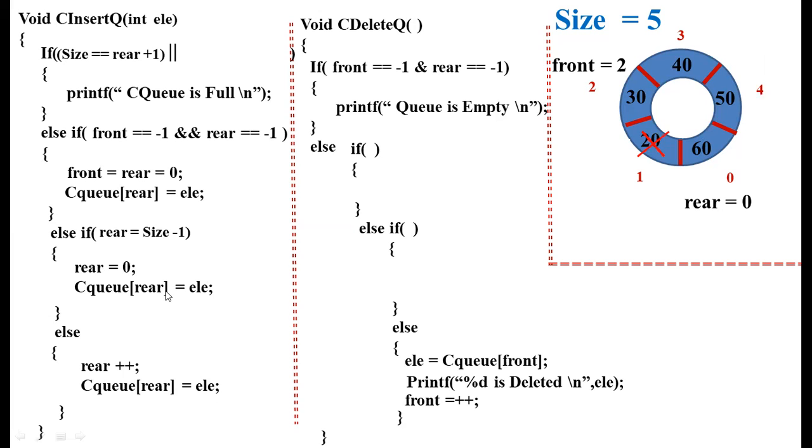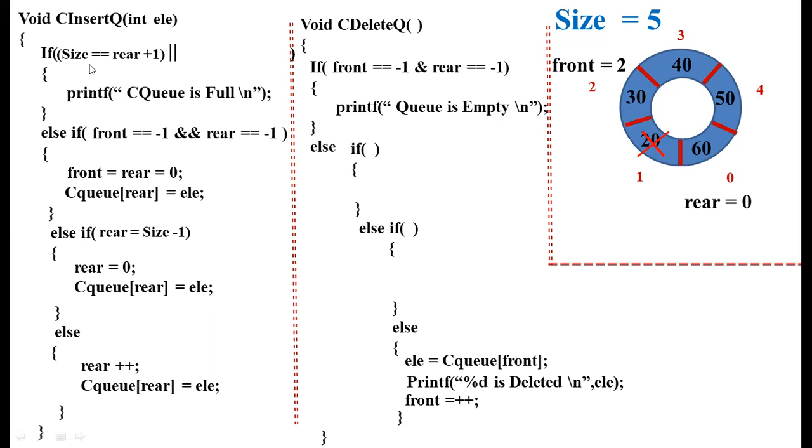Suppose now you want to insert one more element. What will happen? Can anyone say what will happen? Suppose I want to insert the element 70. 70 will be passed here.